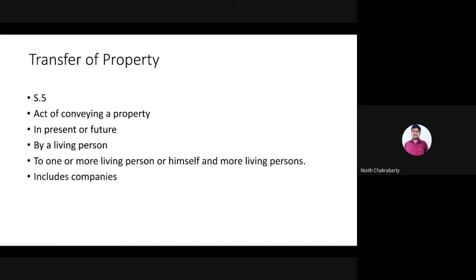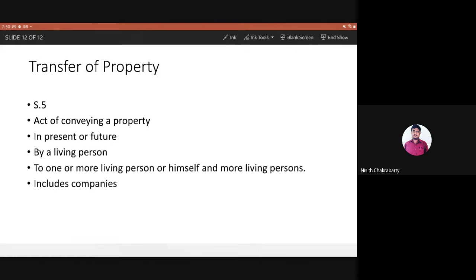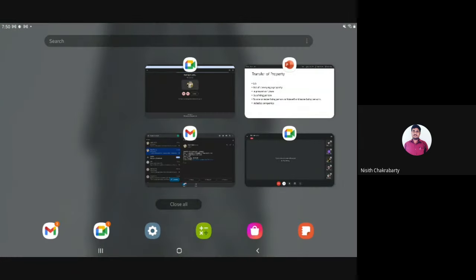All of that we'll probably discuss, and transfer of benefit of unborn person as well. We'll try to go to section 13 and section 14, which is very important. If not, maybe we'll discuss them day after. But for now, let's conclude our discussion on the introduction to transfer of property.